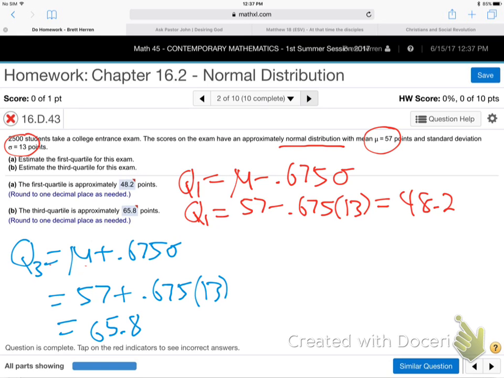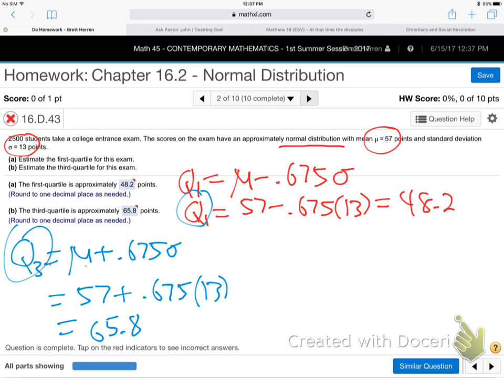Is that good? Questions I can answer on that? Question, Jenna? When you said normal distribution, what was that associated with, the bell curve? Right, and I didn't draw the bell curve. I don't mean you have to actually draw the bell curve. I just mean the Q1 formula and Q3 formula are from the bell curve.